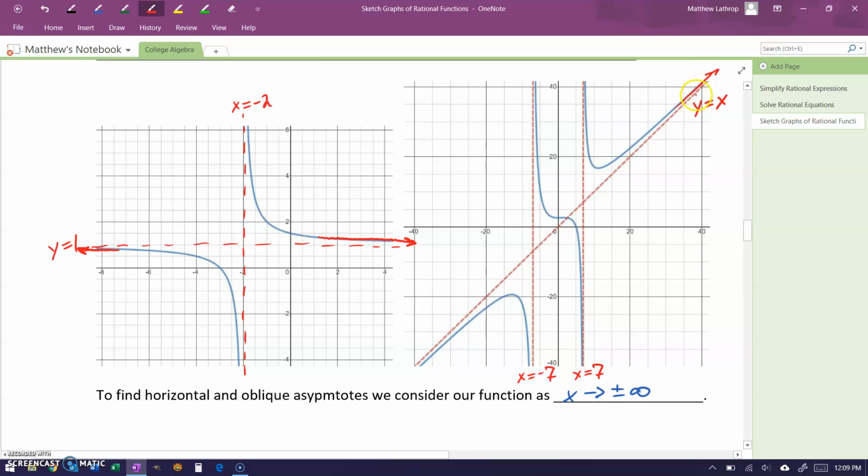So as x keeps getting increasingly large, our curve is going to keep getting closer and closer to this line y equals x, and the same thing is going to happen as x approaches negative infinity. We'll keep getting closer and closer to that line y equals x. So oblique asymptotes give us the same sort of information. They tell us about the end behavior, but rather than being a completely horizontal line, we have a line with some slope.